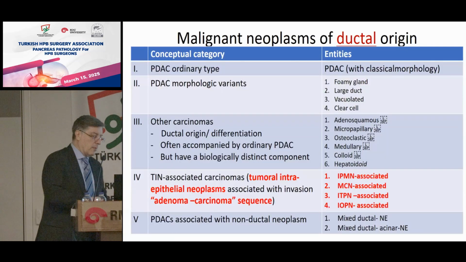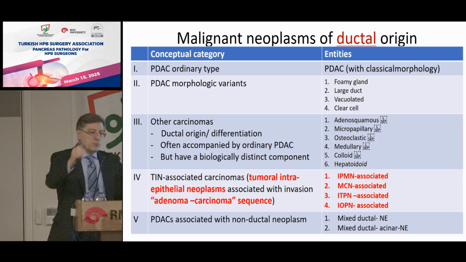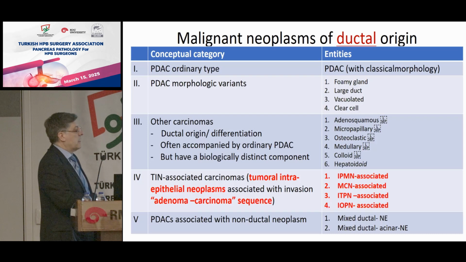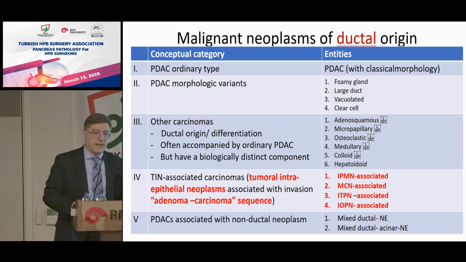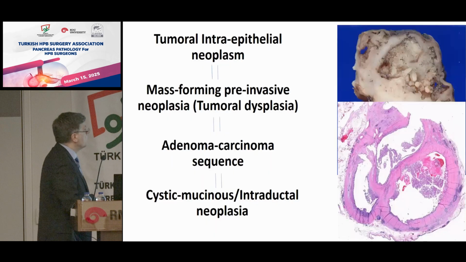Now, we come to probably a group that is more significant because there are subtle features that need to be appreciated in daily practice. These are what I call the tumoral intraepithelial neoplasm-associated cancers, or adenoma-carcinoma sequence, meaning IPMN, MCN, ITPN, IOPN related. I know these abbreviations are very scary, but I'll try to clarify them for you.